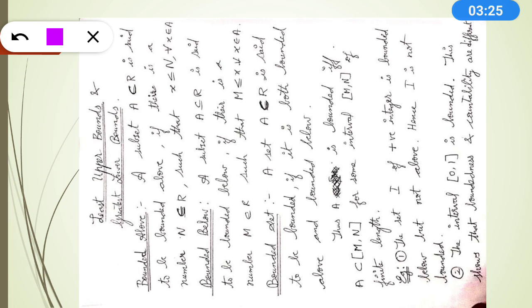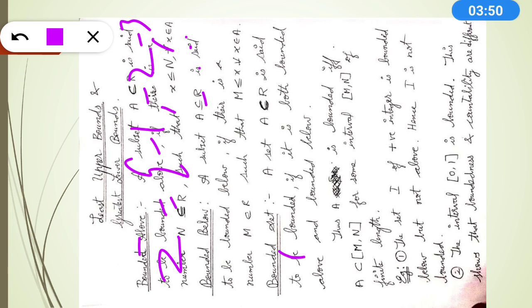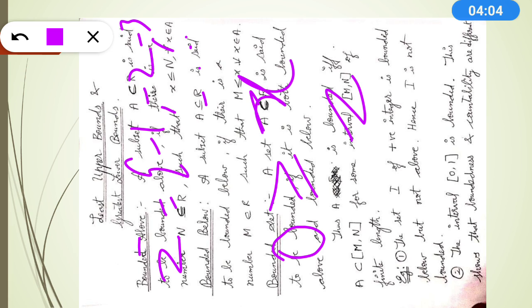Okay, if I take the example Z minus, so what are the elements? It will have -1, -2, -3, etc. Okay, now am I able to find an element so that the whole set will be greater than the given element? No, it's not possible. But I can find an element like 0. This 0 will be strictly greater than the elements in Z minus, all the elements.